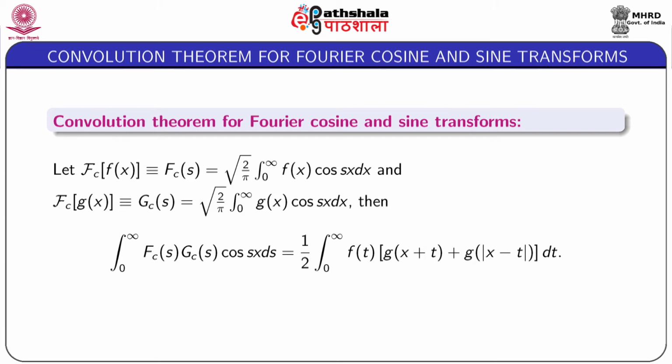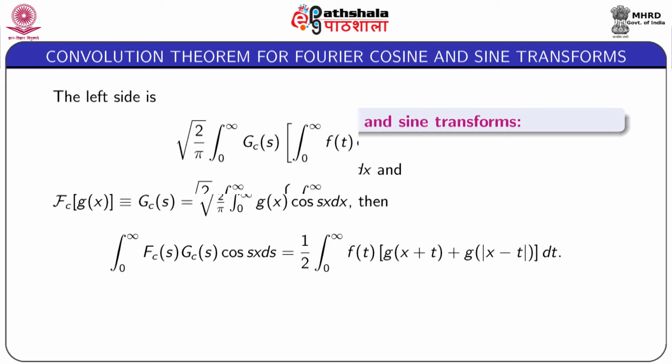Then we have the result: integral 0 to infinity FCS into GCS cos sx ds is equal to half of integral 0 to infinity f(t) into [g(x plus t) plus g(mod x minus t)] dt. We shall prove this result.